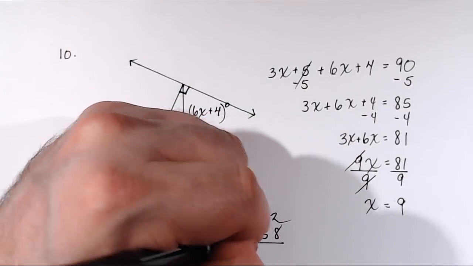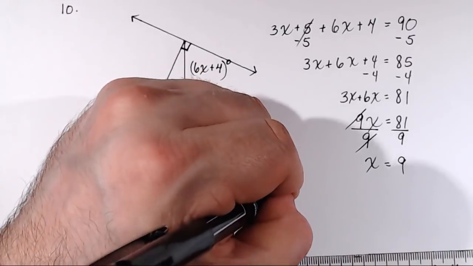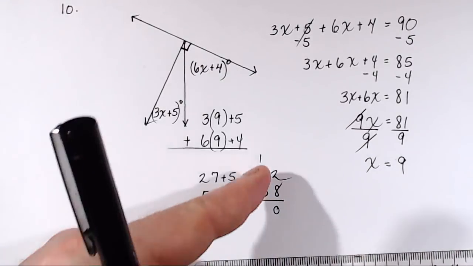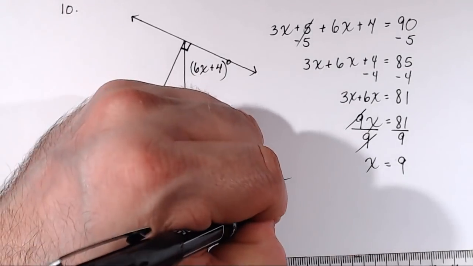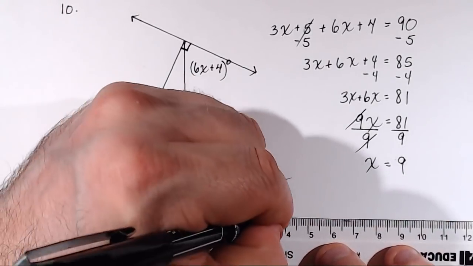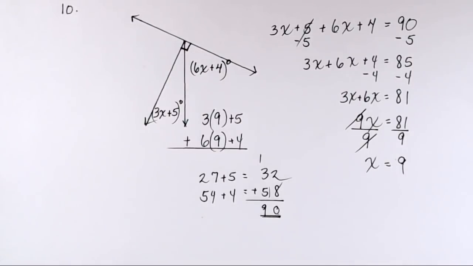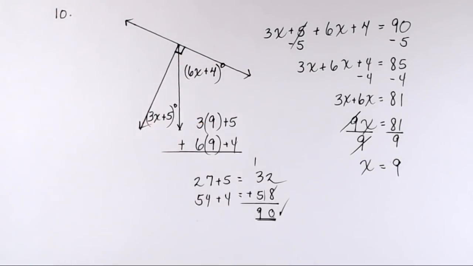Now we add those two things, 32 plus 58. 2 plus 8 equals 10, and 3 plus 5 equals 8, plus 1 equals 9. So they do add to 90, and that's how I know I got the correct answer. You've got to check your work. It's not always going to be as easy as this.